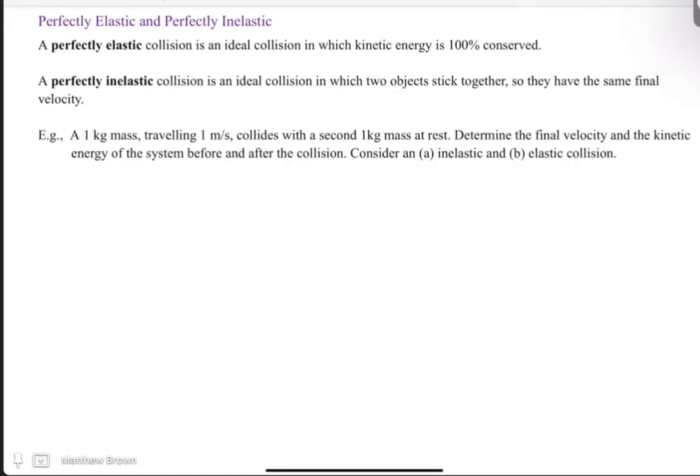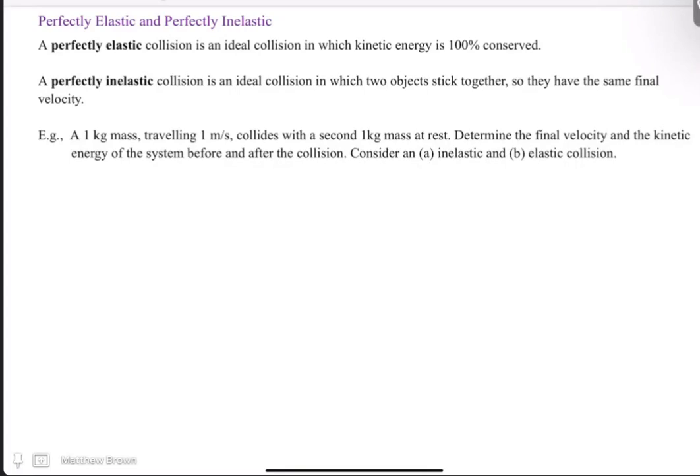So we have a 1 kilogram mass traveling 1 meter per second. You can let that be the positive direction. It's going to collide with a second 1 kilogram mass, which is at rest. We want to determine the final velocity and kinetic energy of the system before and after the collision.